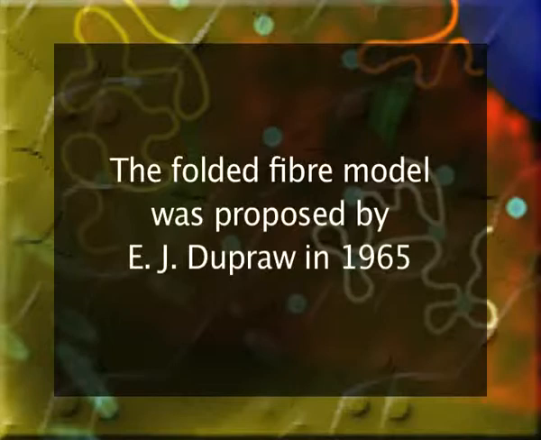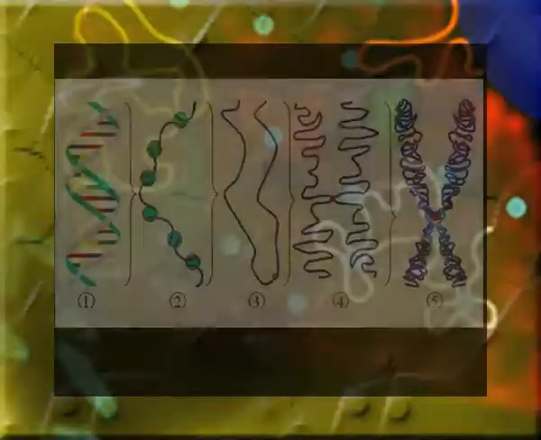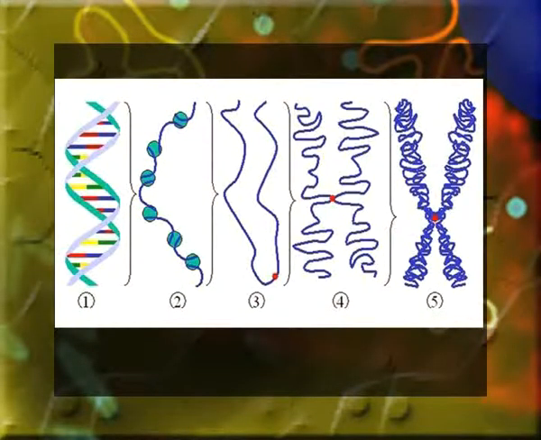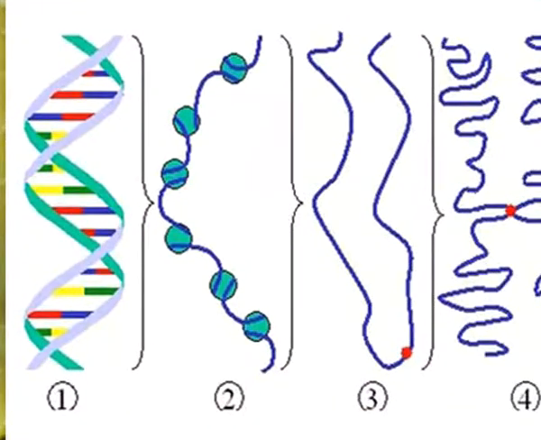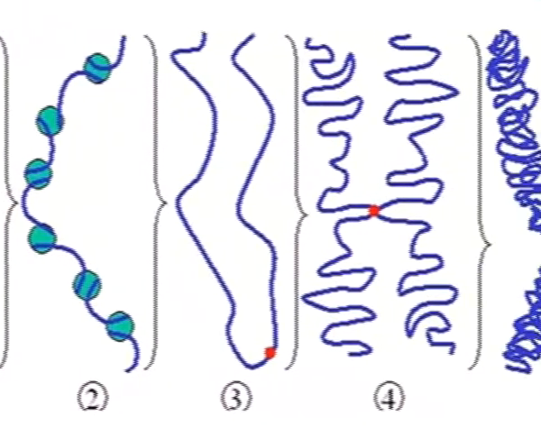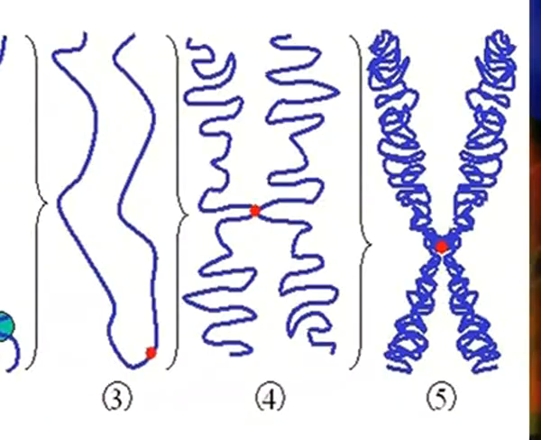According to this model, the bulk of the chromosome is visualized to be composed of a tightly folded fiber which has a rather homogeneous diameter of 200 to 300 angstrom. This folded fiber is supposed to contain the DNA histone helix of 30 angstrom diameter in a supercoiled condition.